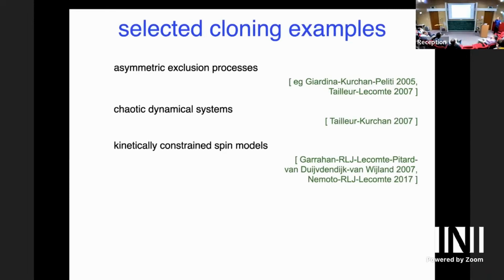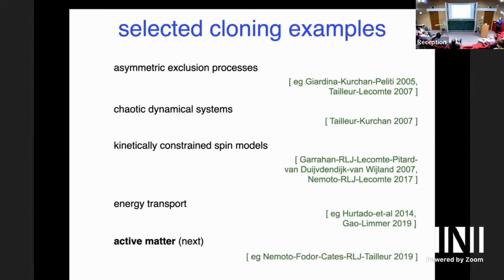The control forces give you a lot of physical insight. They tell you a lot about what's going on in these rare events. By working out what control forces are good, you're learning a lot about the dynamics. There's also energy transport in, for example, the Kipnis-Marchioro-Presutti model, or in much more complicated physical systems with David Limmer and Tony Dow. And then I'll talk a bit about active matter in the last 20 minutes.